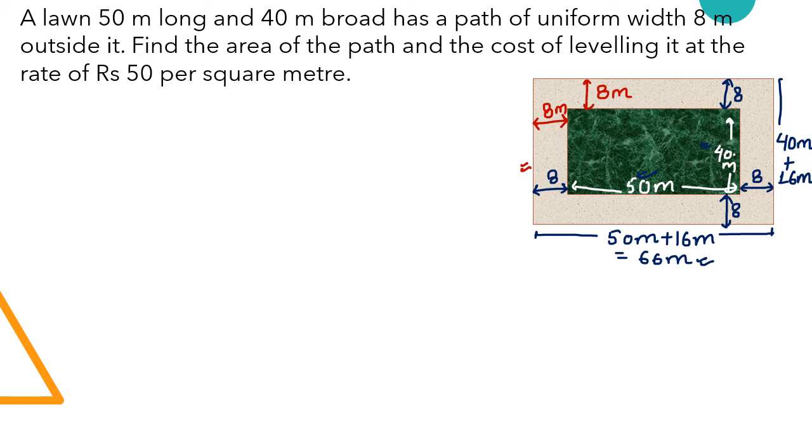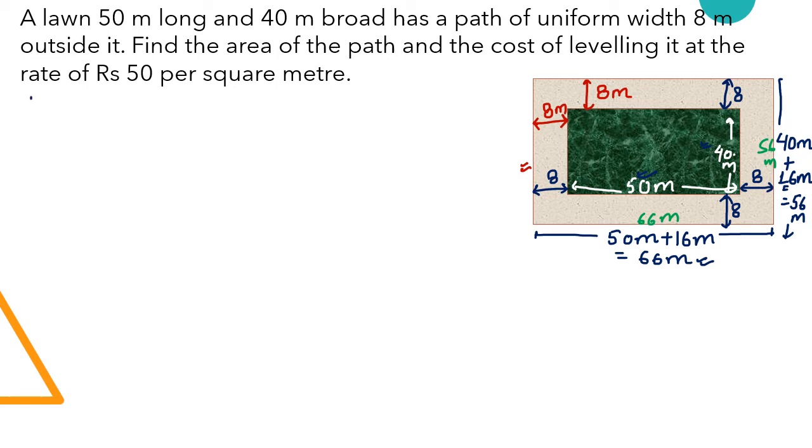So the total breadth of this lawn will be 40 meter plus 16 meter, that is equal to 56 meter. So we got the outer length 66 meter and the outer breadth 56 meter. Now let us write all the dimensions.